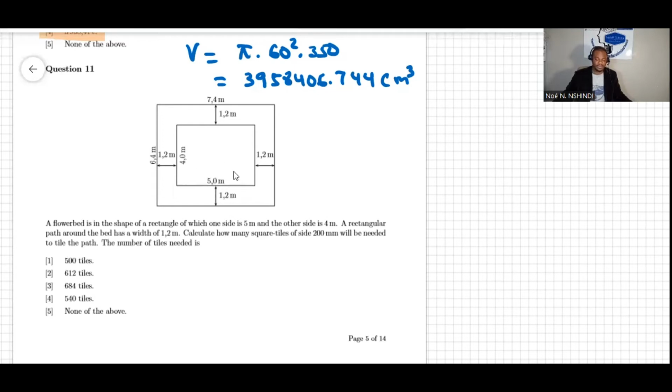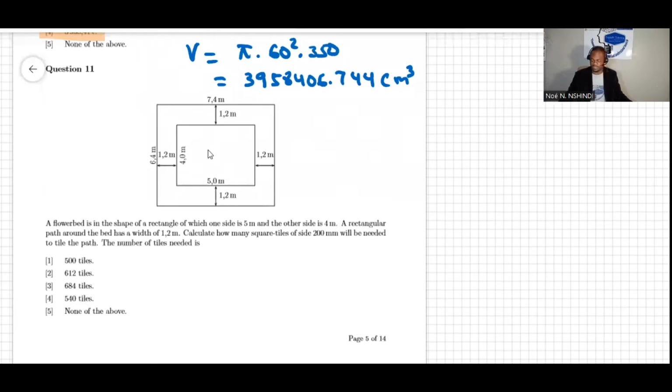And then we also have another rectangle around the path. When we add 1.2 and 1.2 there, this length is now 6.4, and then 1.2 on the other side also makes this length 7.4.